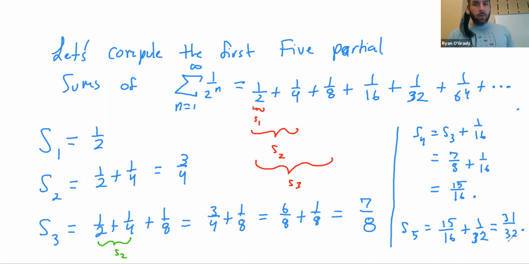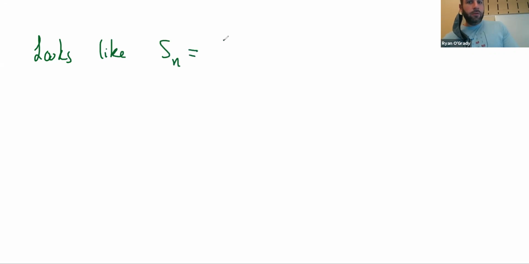So in general, what do we have? Here's a beautiful pattern. So it looks like S sub n is equal to 2 to the n minus 1 over 2 to the n.